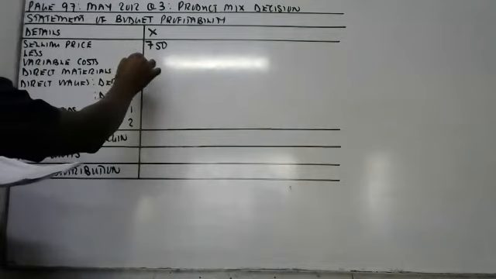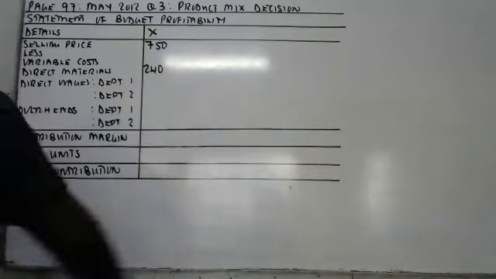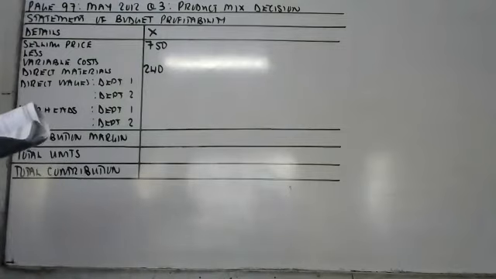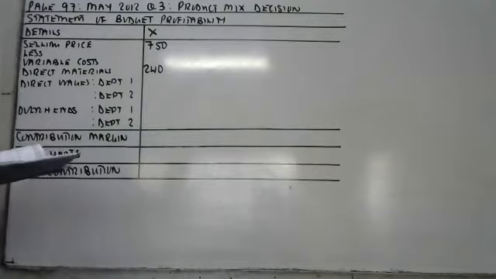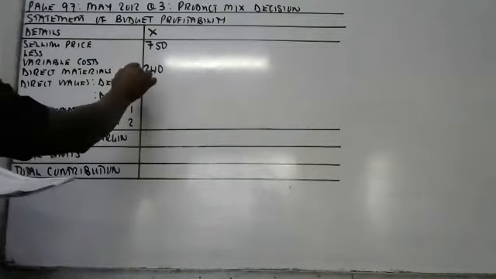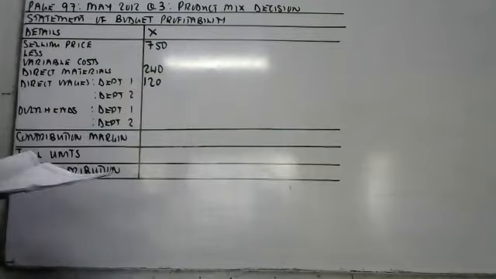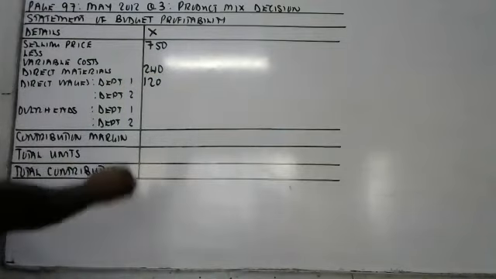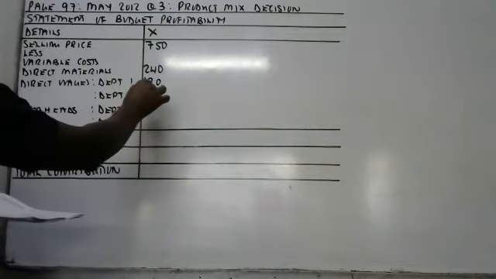Material is 240. Labor in department 1 is 40 times 3. That is 120. In department 2, it is 20 times 3. That is 60.